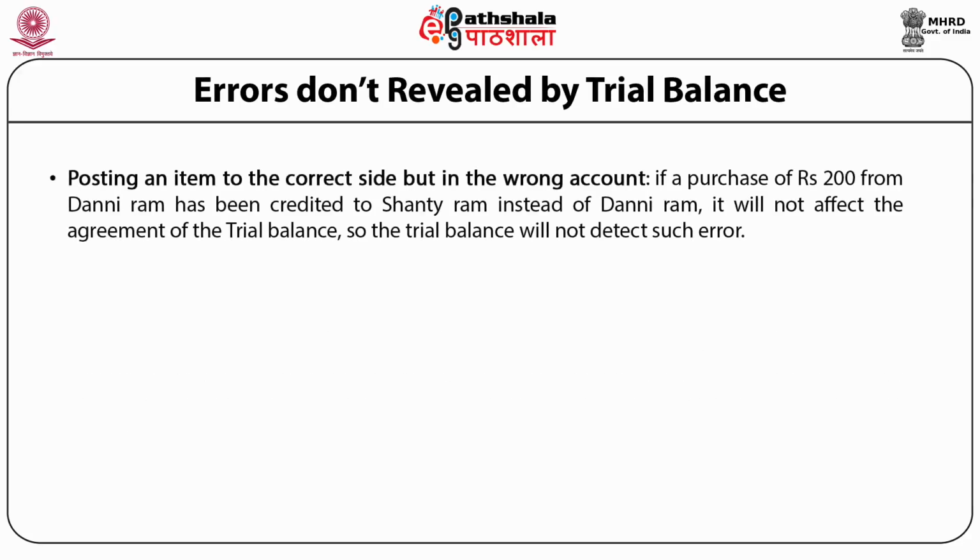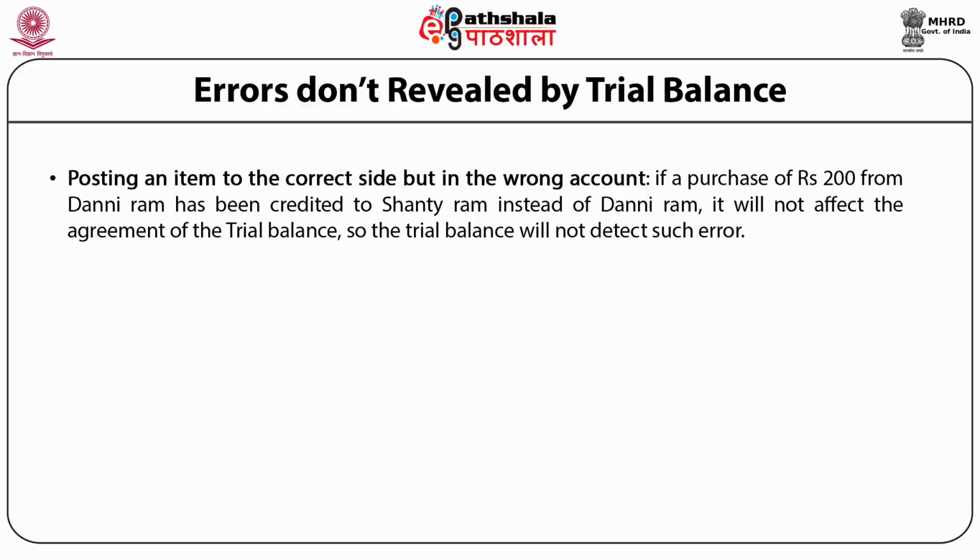Further, the posting of an item to the correct side but in the wrong account. If posting of an item to the correct side is done but in a wrong account, then also this error will not be disclosed by trial balance.